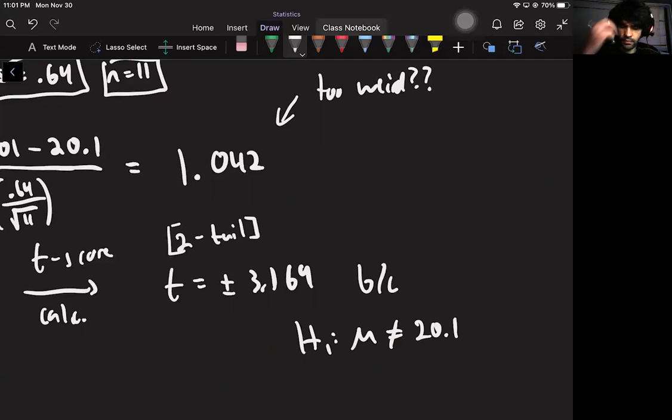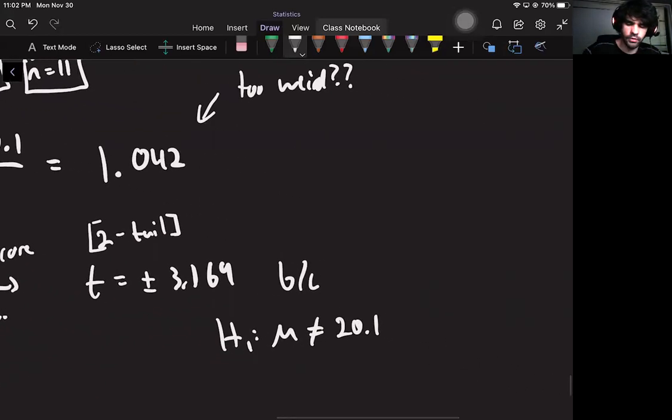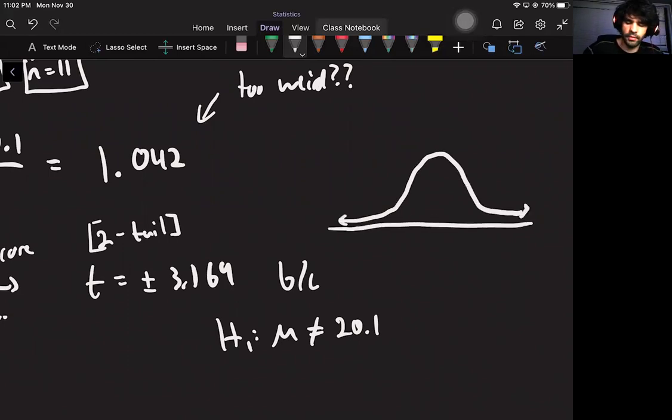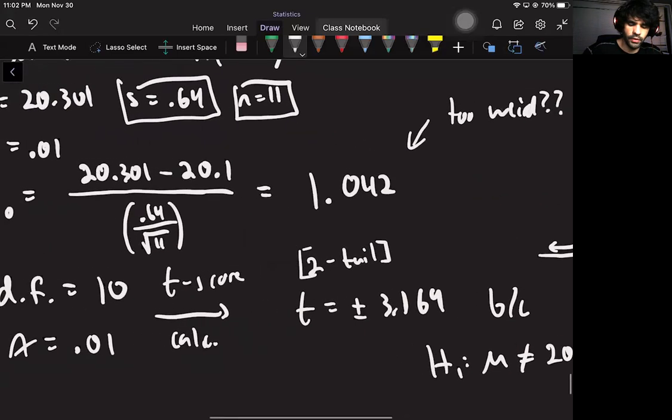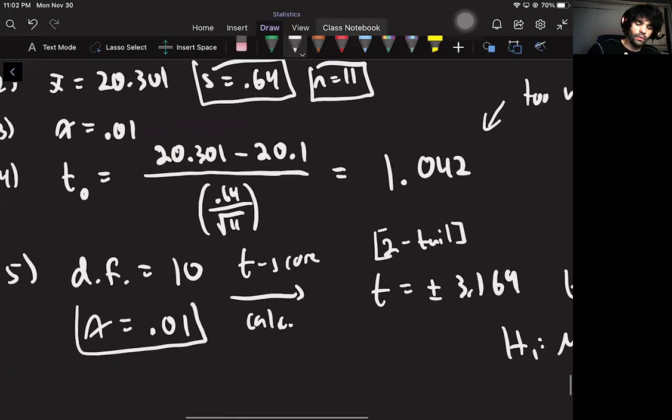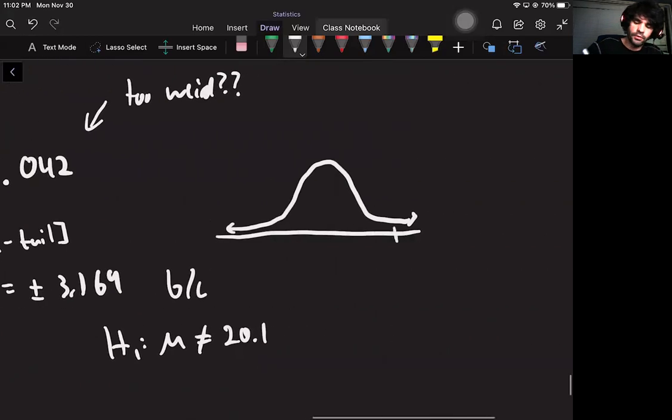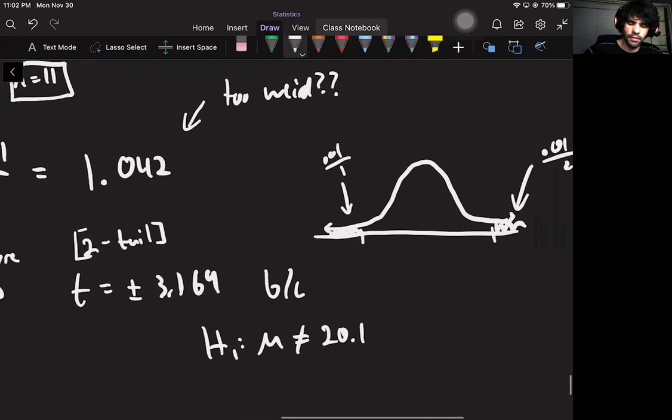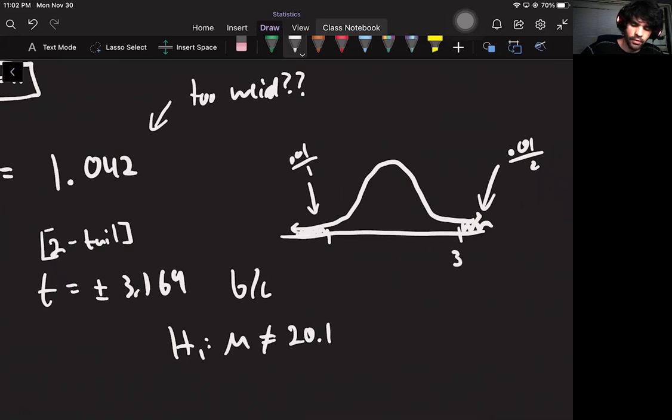And again, when you're doing a not equals, what's really going on, we don't have to think about area if we don't want to on these problems, is now we're looking for this amount of area total on the right and left being 0.01, which means each side is half of 0.01. And the t-scores that give you that are these right here. That's why there's a plus or minus, because it's plus on the right and minus on the left.